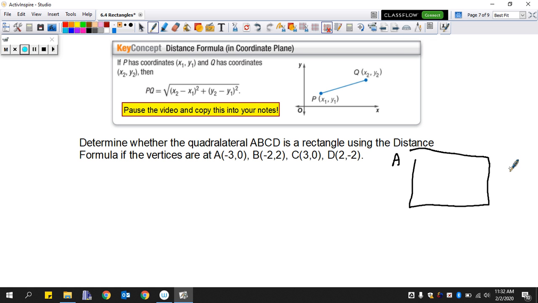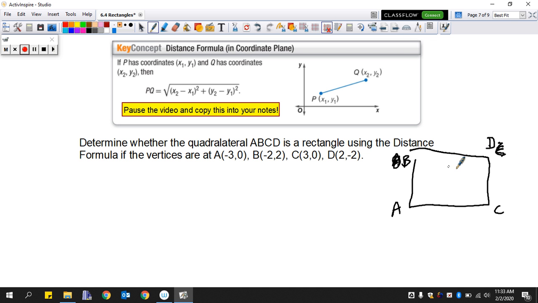B would be negative 2, 2. C would be 3, 0. And D is 2, negative 2.